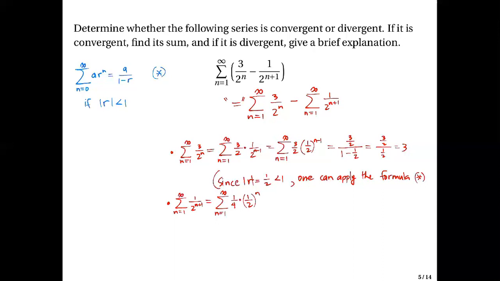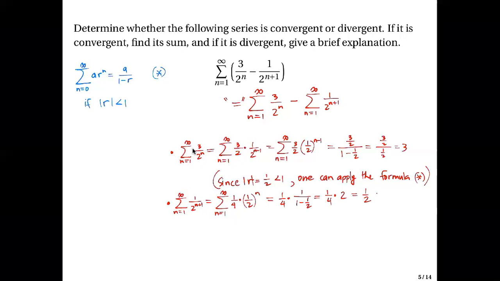And then, with the same reasoning as before, this series is now equal to 1/4 times 1 over 1 minus 1/2. And this is equal to 1/4 times 2, which is equal to 1/2.